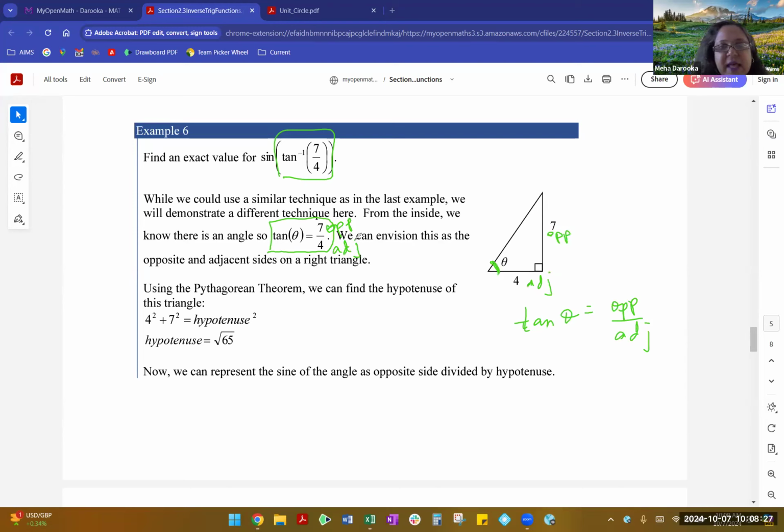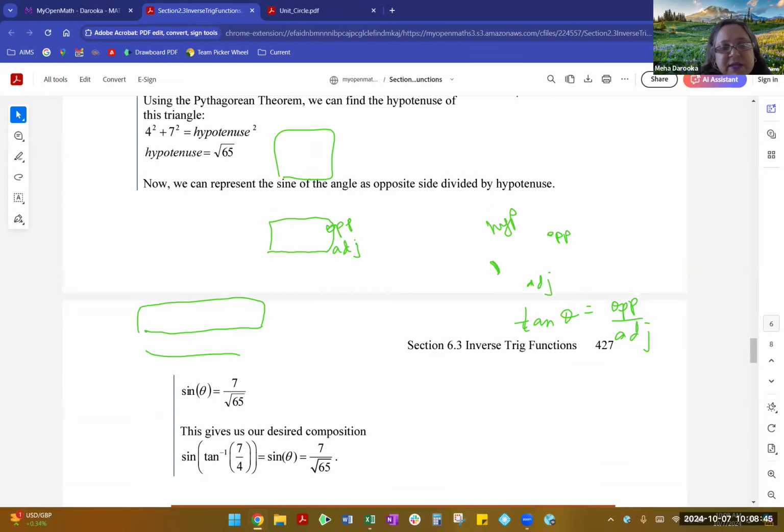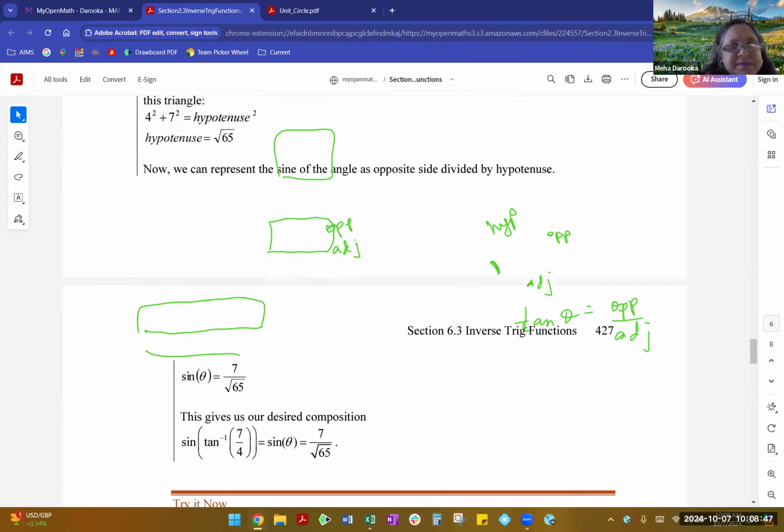Go ahead and figure that out, and then using the Pythagorean theorem, we can figure out what the hypotenuse is. We put that into our Pythagorean theorem formula, come up with our hypotenuse, and based on that we can come up with the sine function.